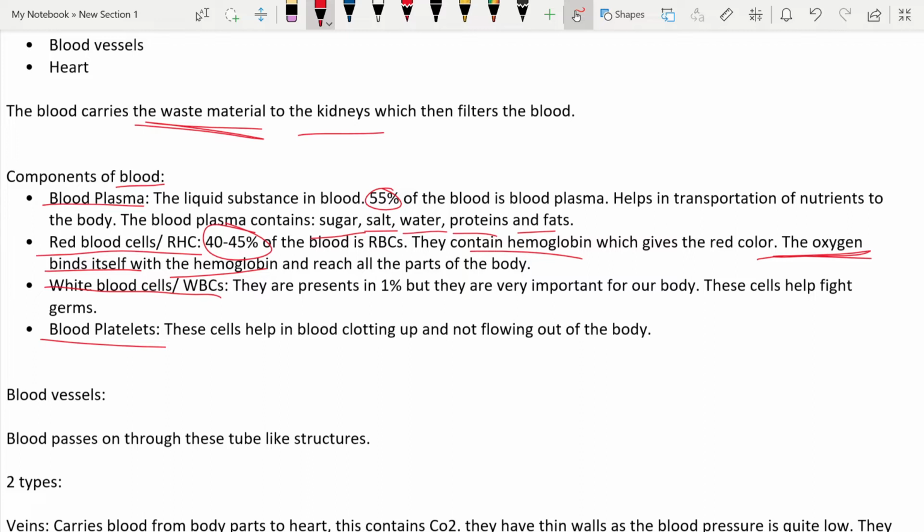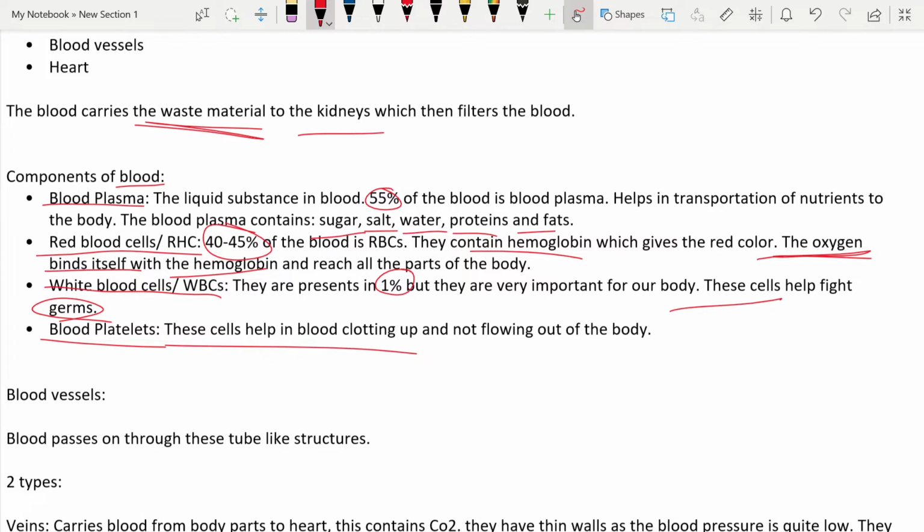White blood cells. They are present in about 1%, but they are very important for our bodies. These cells help in fighting germs. Blood platelets. These cells help in blood clotting up and not flowing out of the body. When does that happen? When you get a cut.